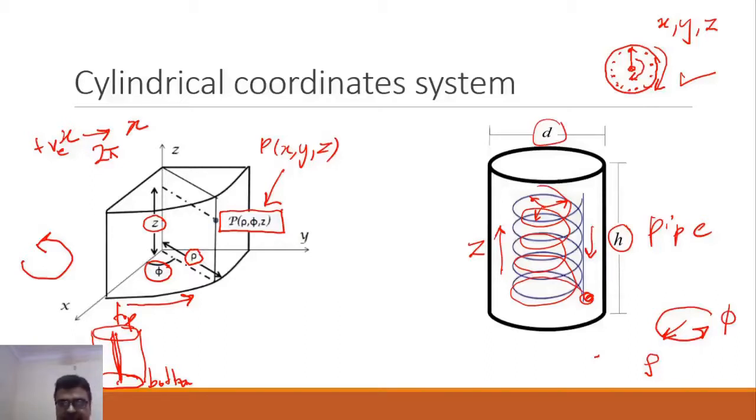So let us see what the limits are for rho, phi and z. As I already told you, rho is a radius, and radius always starts from 0. A diameter is a quantity that goes from minus infinity to plus infinity, but the radius always starts from the origin.